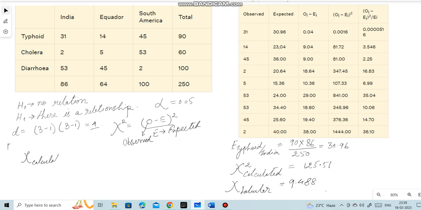Okay. Now if our chi-square calculated is greater than chi-square tabular, then in that case we have to accept our null hypothesis. Okay. The calculated value is greater than the tabular value, that is the critical value. So the tabular chi-square value is also known as the critical value.